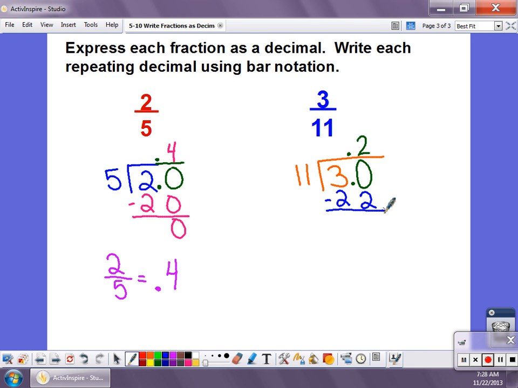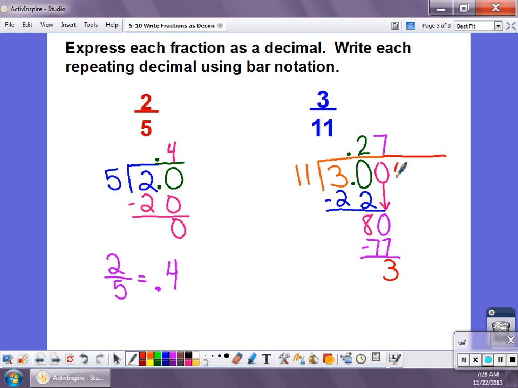And I subtract. 30 minus 22 is 8. So I'm going to add another 0 and bring that down. And I want to say, okay, how many times can 80 be divided by 11? Well, 80 divided by 11 is 7. 11 times 7 is 77. I subtract, and I get 3. Still not a remainder of 0.